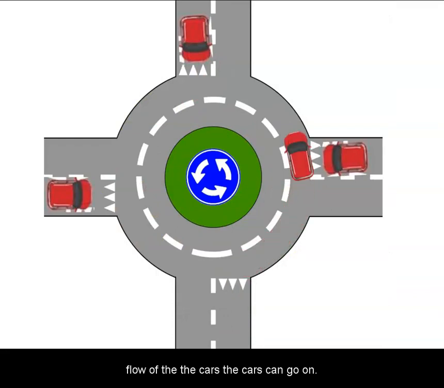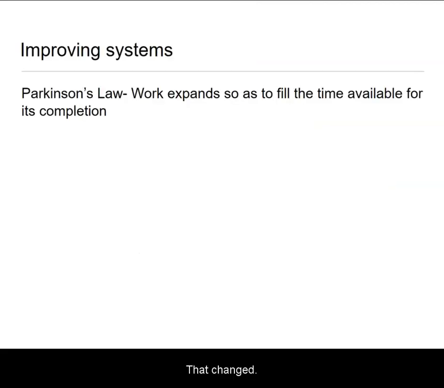So the cars can go on, the cars can go off. And by changing just that one existing yield structure, that changed the flow of traffic.